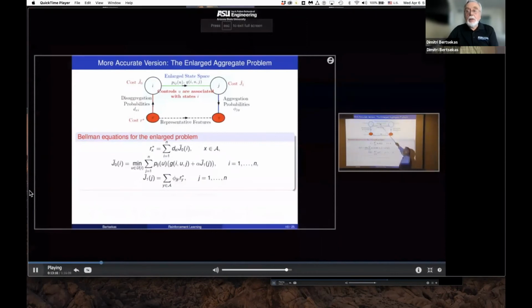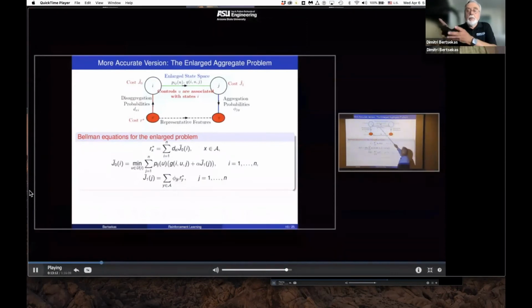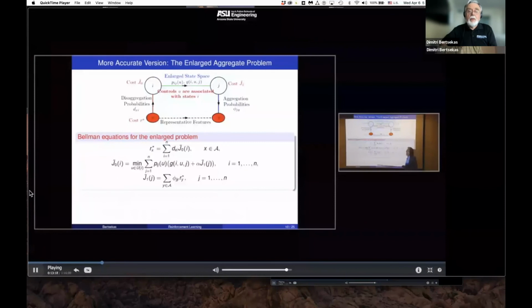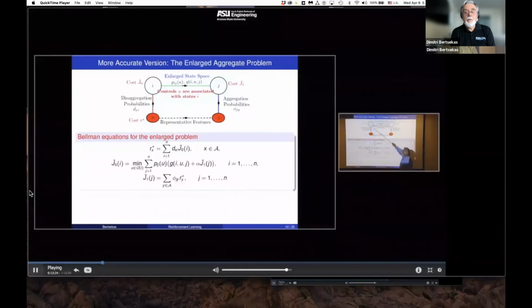In order to bring in controls associated with states, we have to bring this into the aggregate model. And what we will do is create an enlarged state space that would involve both the representative features and the original states and their transitions. So now, I have tripled the number of states.